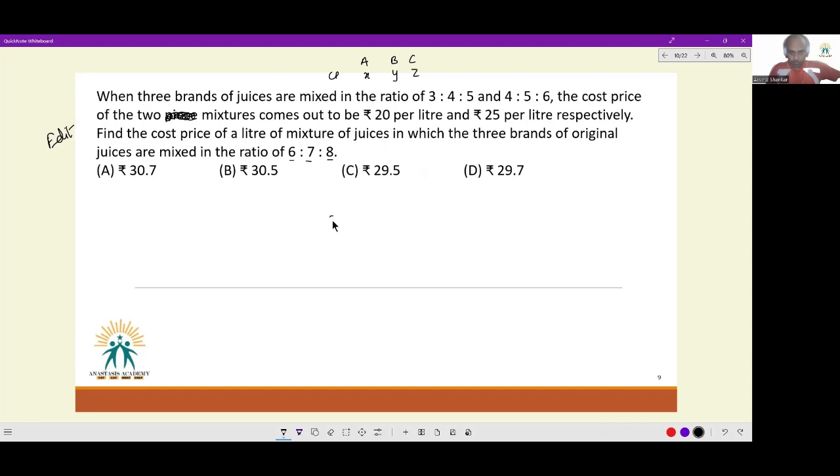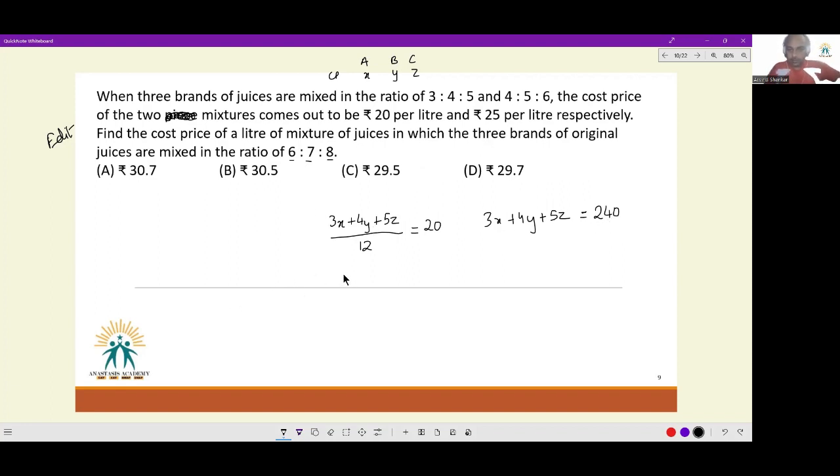So 3x plus 4y plus 5z divided by 12 was the average price. This turns out to be 20. So this gives me the equation 3x plus 4y plus 5z is equal to 240. This is the first equation that we have.